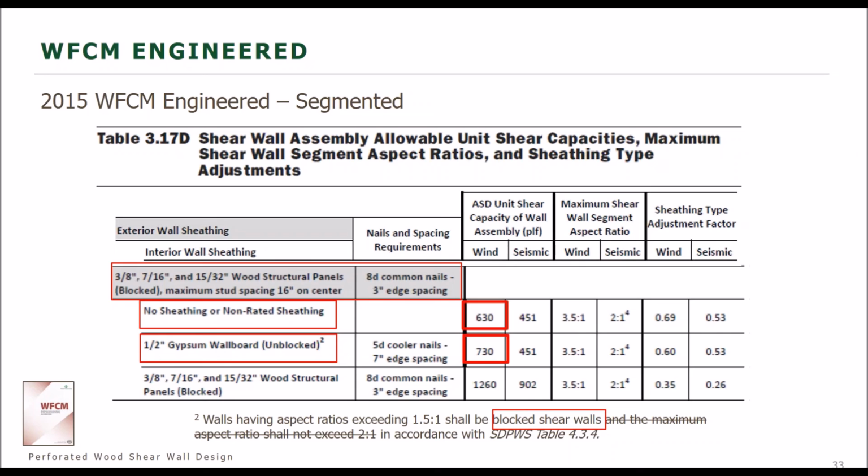When you are in a wind controlled design, you are permitted to combine the capacity of the wood structural panel and the gypsum interior. Again, this is only for wind designs, and that's because we don't have a response modification coefficient in a wind design per ASCE 7. That's going to be only for seismic designs.